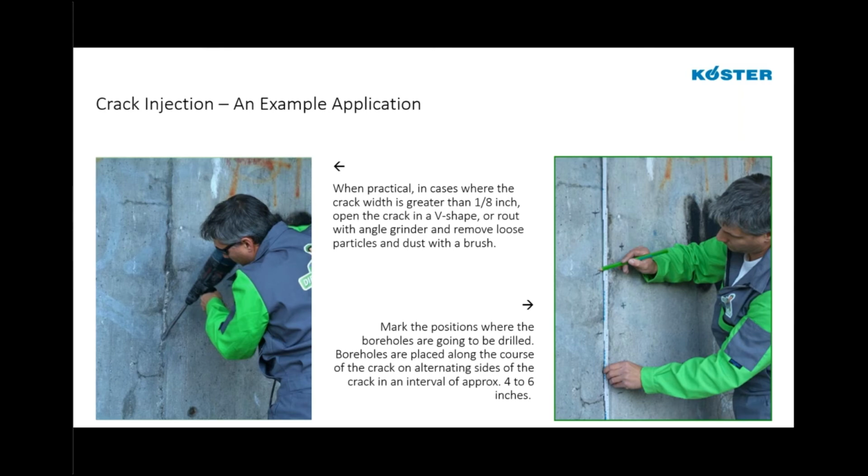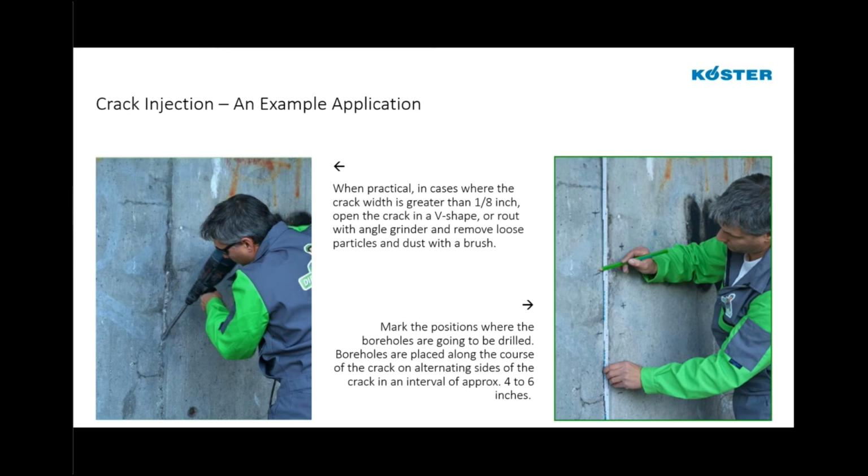In the picture on the right, we're marking the positions where the holes are going to be drilled. They're obviously placed on alternating sides of the crack in an interval of approximately 4 to 6 inches on center. When we drill these holes, we want to obviously intersect that crack along its path, assuming that the crack goes straight back perpendicularly through the wall.